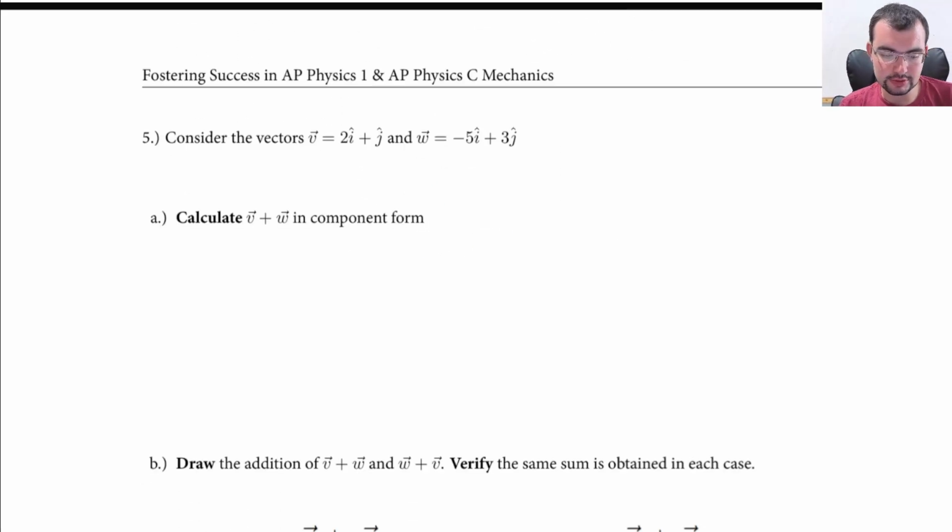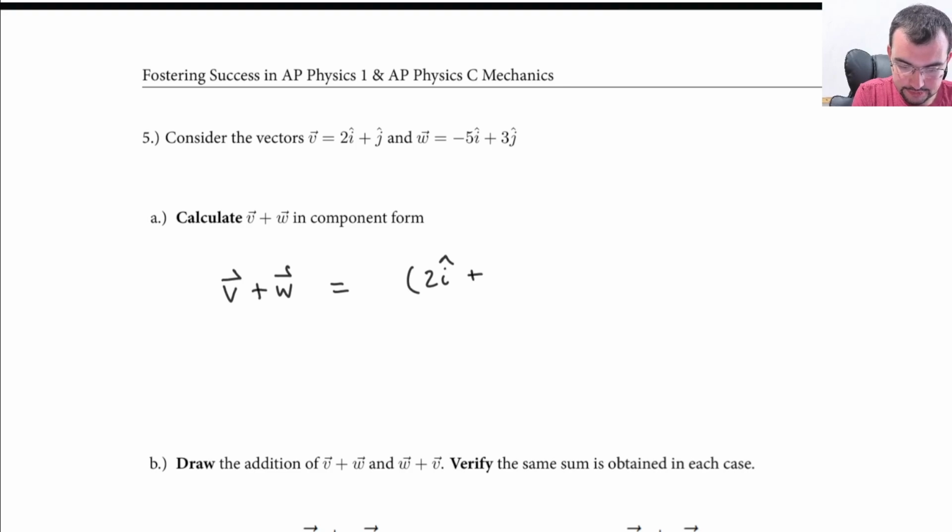All right, so now we'll do a typical addition example. We have vectors that are in unit vector form, and we want to calculate their sum first in component form. So in component form, we have just this idea of combining like terms.